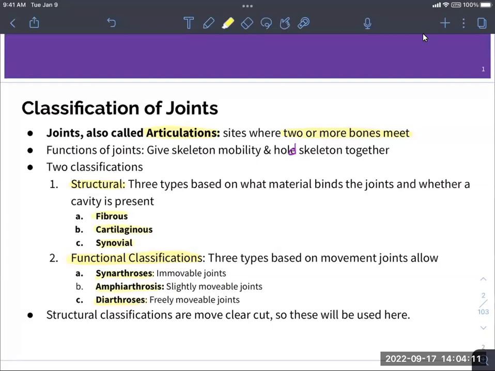So they could be immovable, synarthrosis, slightly movable, amphiarthrosis, or diarthrosis, freely moving, like your arms, your shoulders.